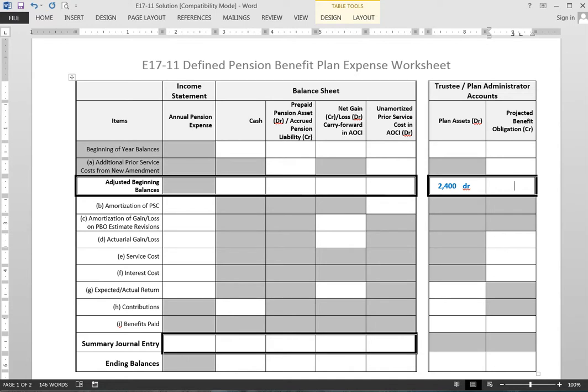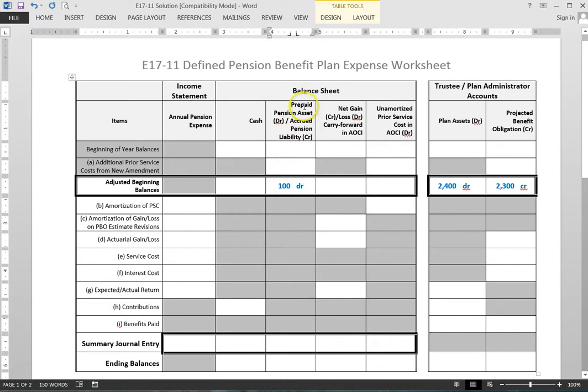And then the projected benefit obligation has a balance of $2.3 million. That's a credit balance. And we know that the difference between these two is the net balance on the employer's balance sheet. And so January 1, we are actually starting out with a $100,000 net debit balance. Plan assets exceed the PBO by $100,000. And so that's what we would show on our January 1st balance.